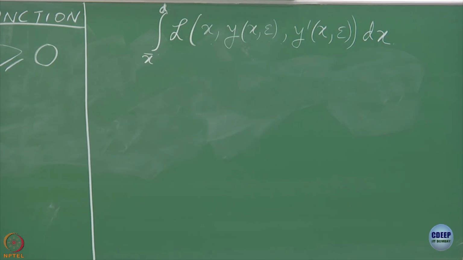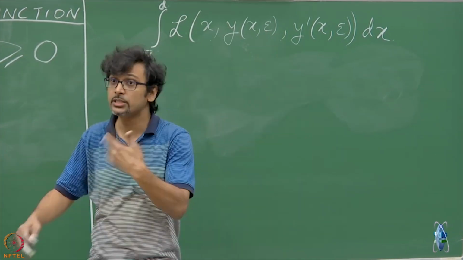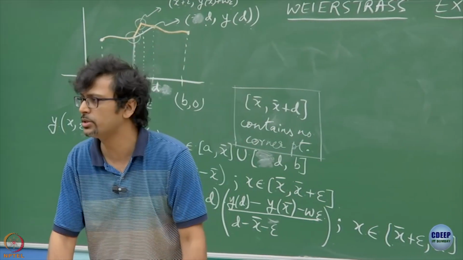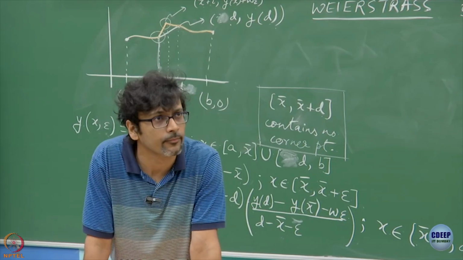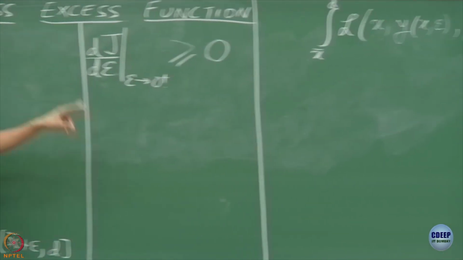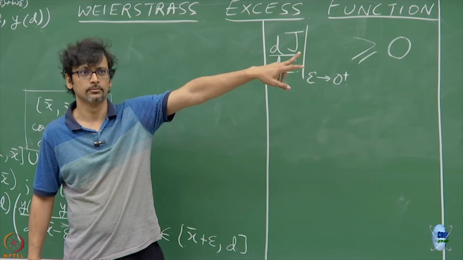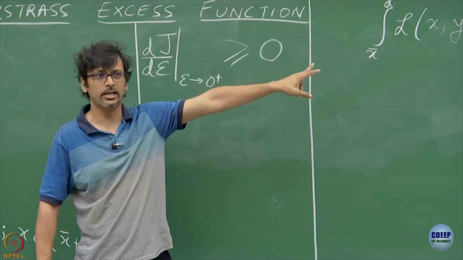Just the second argument I have applied here is to show the dependency on epsilon. If you want to go back to the original curve, you just plug in epsilon equal to 0 and you're back on the nominal curve, right? So if you want to apply the derivative with respect to epsilon, we should do it on this fellow. This is the only fellow that's responsible. Outside of this interval, as we've argued, it doesn't make sense.